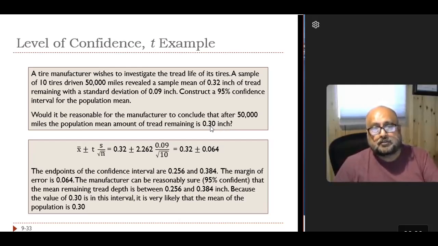We're going to use this relationship to find the confidence interval, because the population standard deviation is not known to us. So we found that the interval is 0.32 plus or minus 0.0664. This value is the margin of error, and it gives us the interval 0.2562 to 0.384, and we know that 0.30 inch falls into that. So this is true.